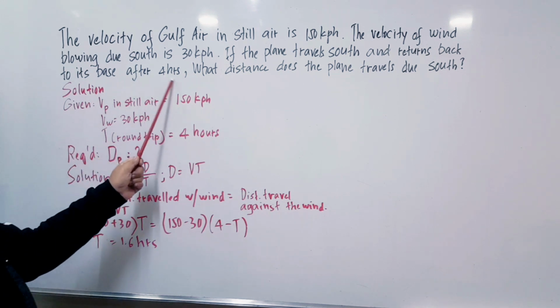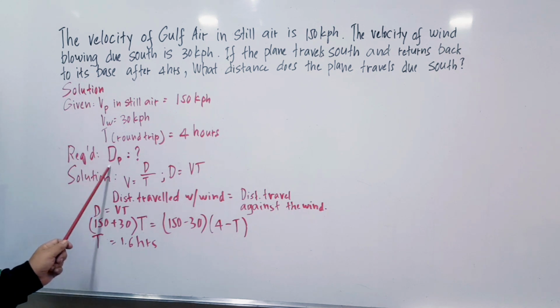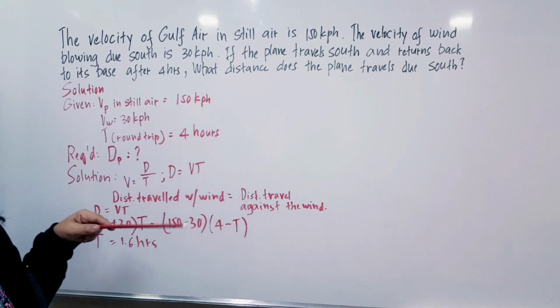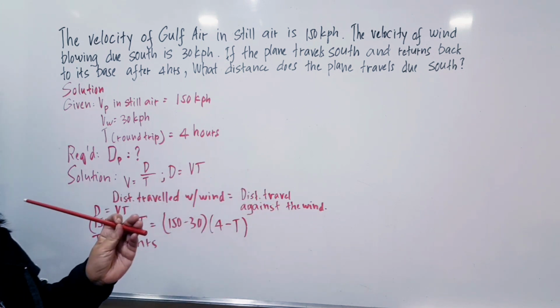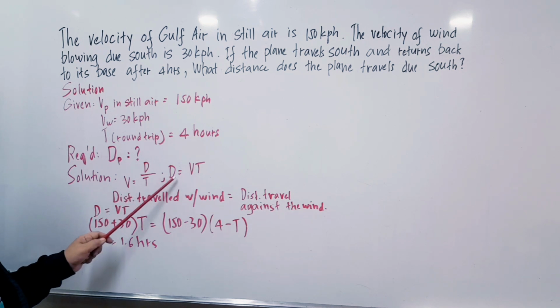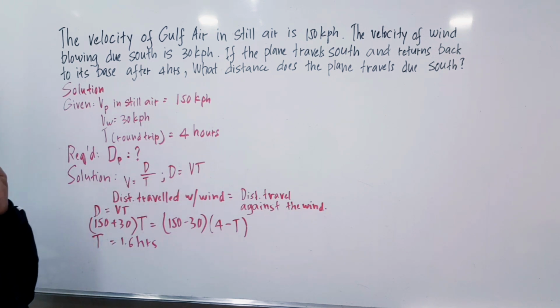Now, the time traveled round trip is 4 hours. Now, what is required here is the distance the plane travels due south. So, south, tapos pabalik, of course, north. Now, of course, the velocity is equal to the distance over the time, or the distance is equal to the velocity times the time.